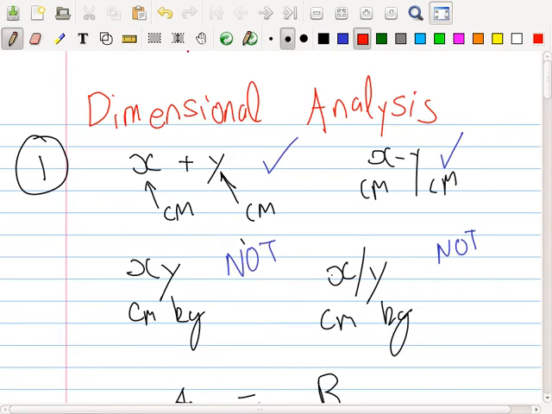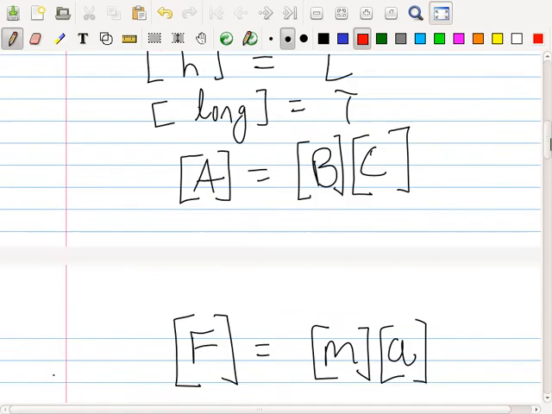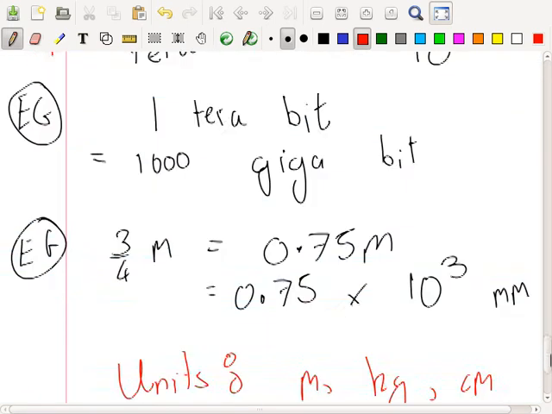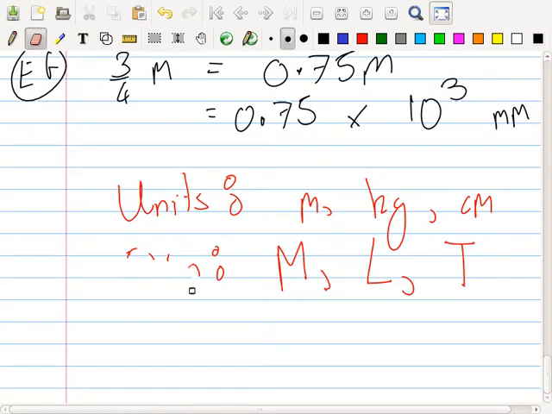Okay. You got it? Yeah. Okay. So you have units, and you also have dimension.